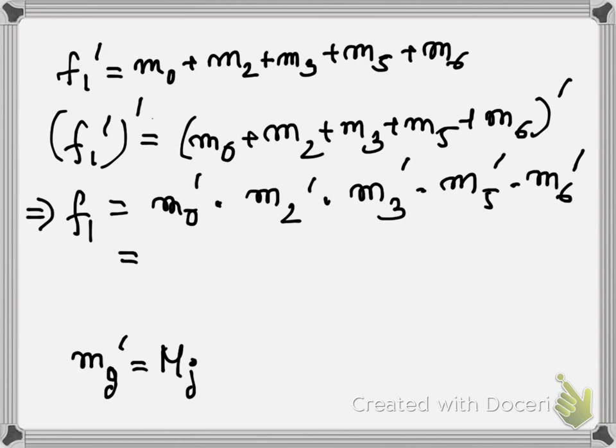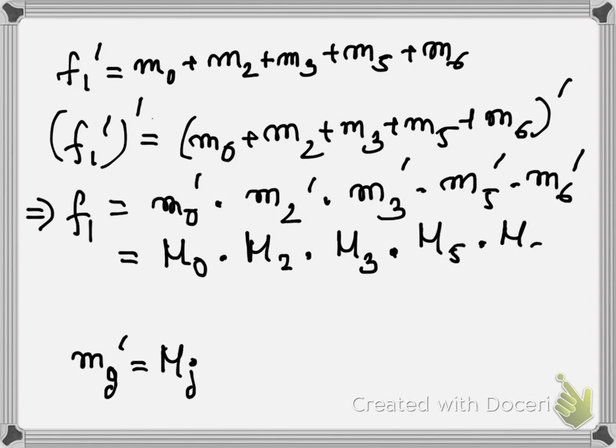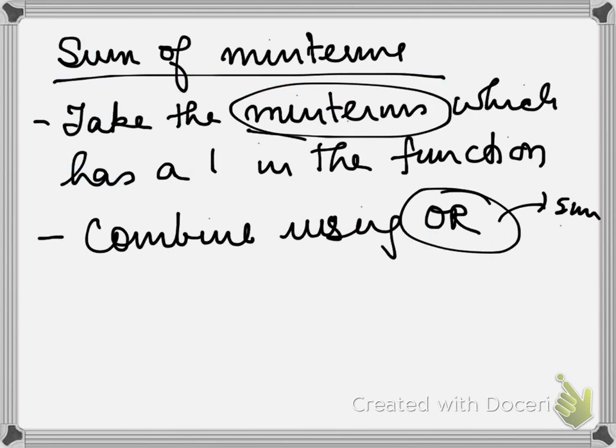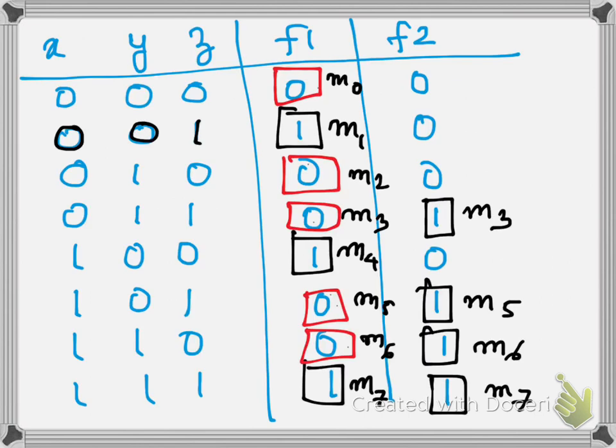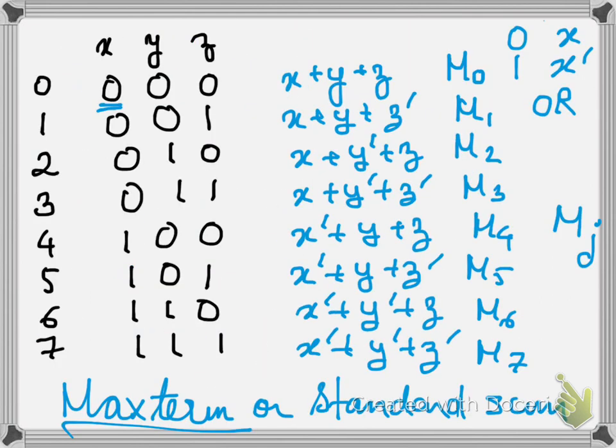So what is M0 dash? Capital M0. What is M2 dash? Capital M2. Similarly, M3, M5 and capital M6. So what is capital M0? Capital M0 is x plus y plus z. We continue in this manner.